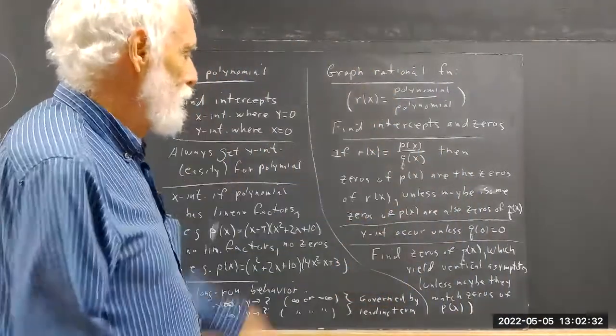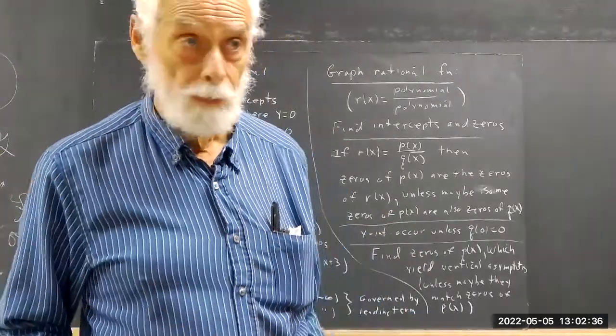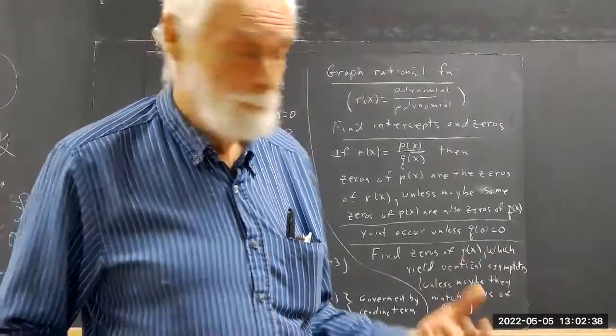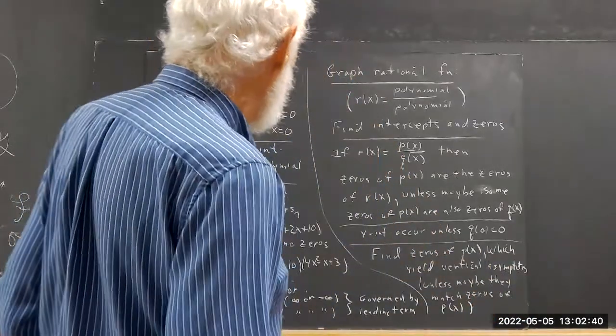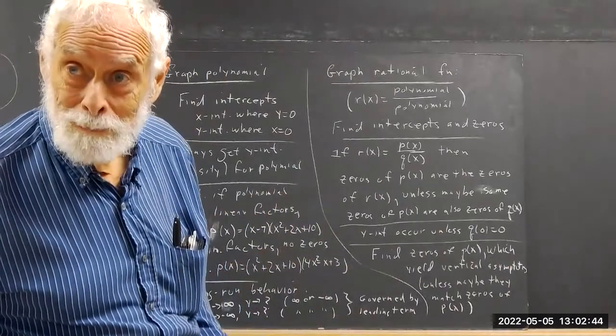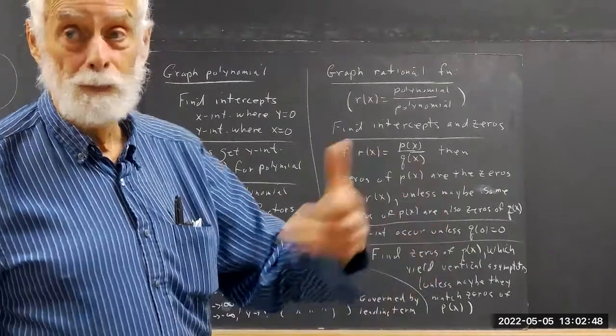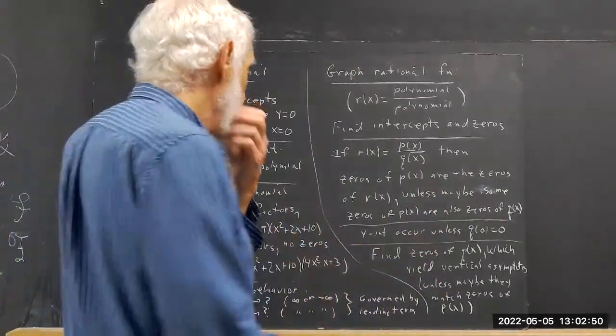Unless maybe those zeros match zeros of P of x, then you have to look at the degrees of the zeros and all that stuff. And then long run behavior. As x goes to infinity, as x goes to negative infinity.